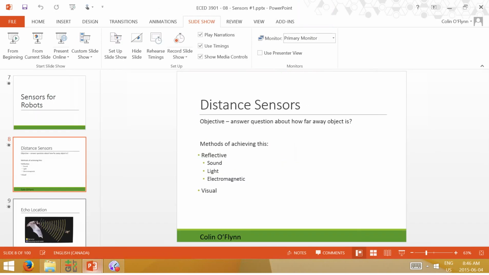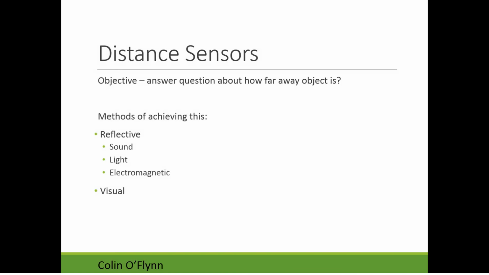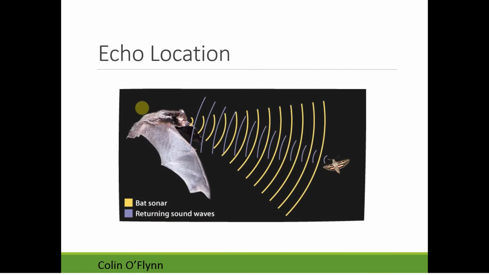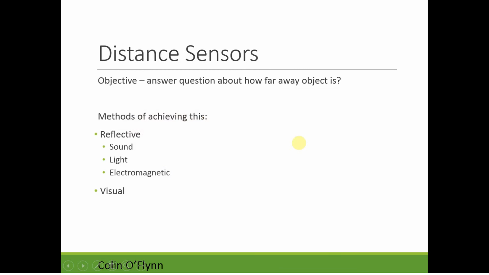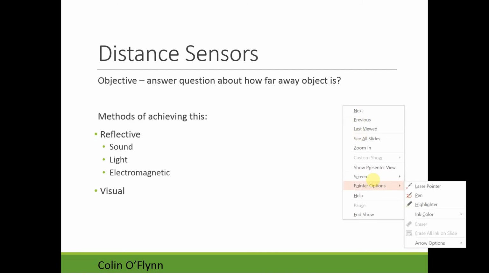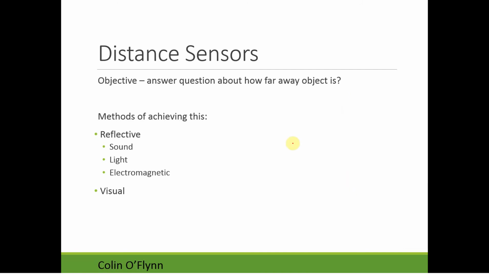So back to this. There are several methods of achieving this. Reflective, and the reflection can use sound, it can use light, or it can use electromagnetic, and there are names for each of these types. We could also use visual sensors, like your eyes, for measuring distance. There's basically the idea of using two cameras.